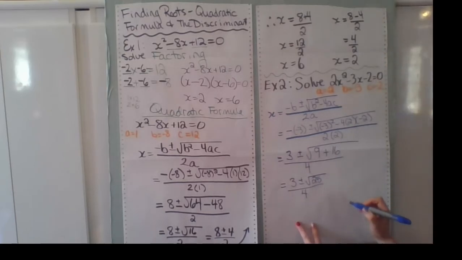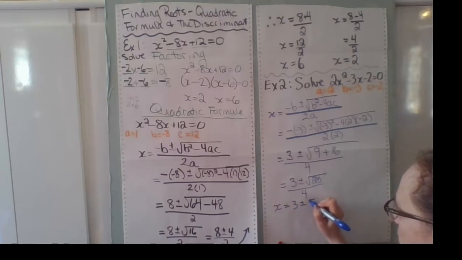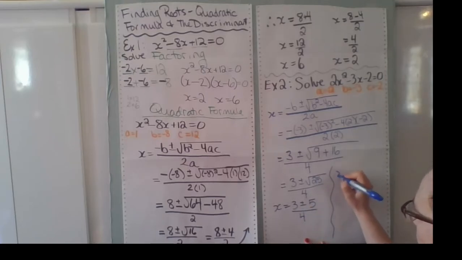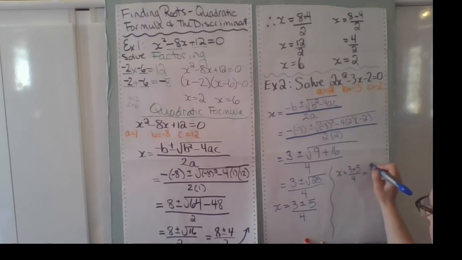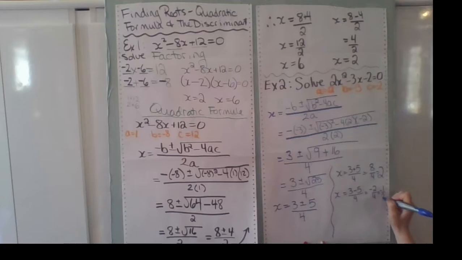So I know my answers are going to be x equals 3 plus or minus 5, because the square root of 25 is 5, all divided by 4. So x equals 3 plus 5 over 4, which is 8 over 4, which is 2. And x equals 3 minus 5 over 4, which is negative 2 over 4, which is negative 1/2. And there's our two answers. Good.